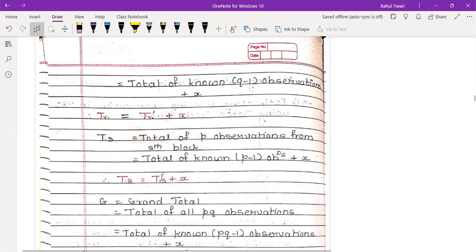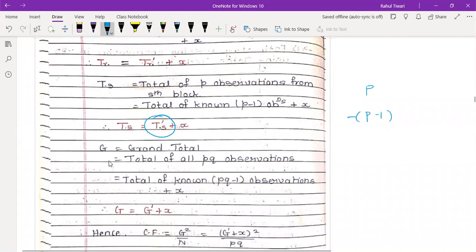When we use this dash, it means we have one less observation. If there are P observations in total, we have P minus 1 observations, and this is what we represent as T dot S dash.